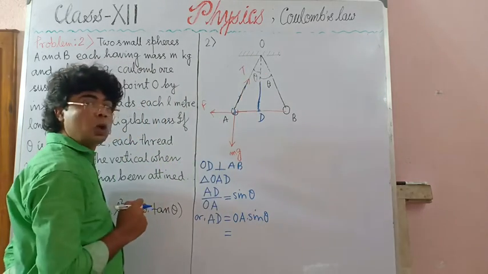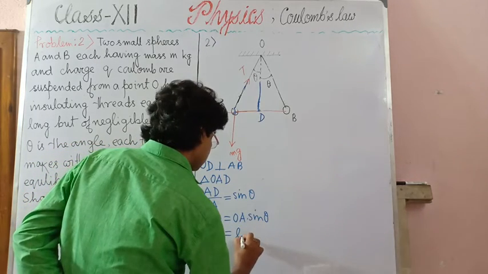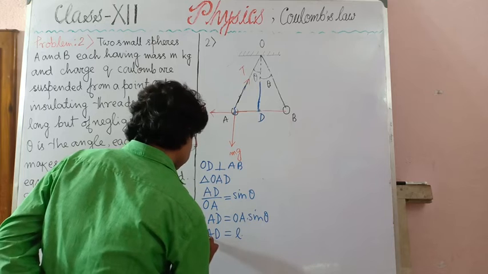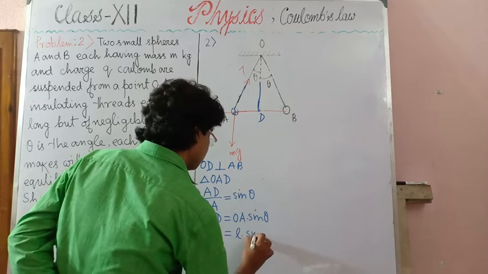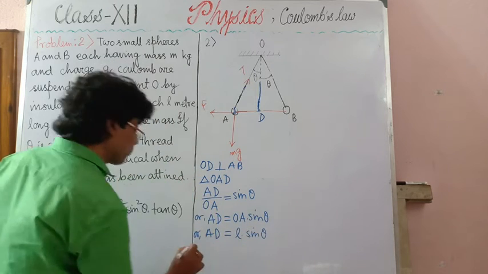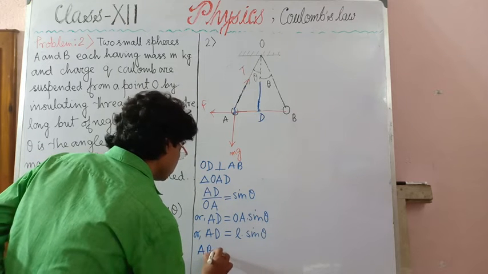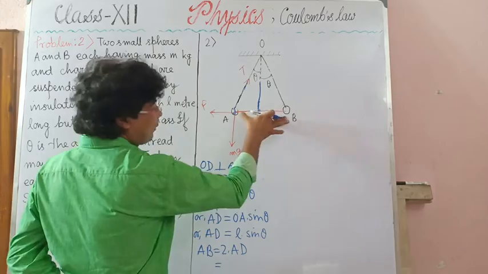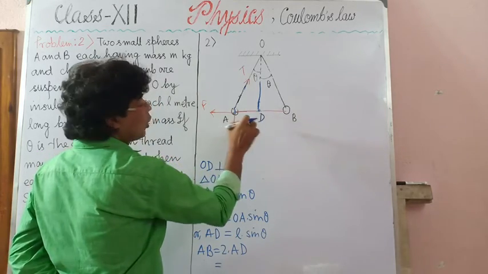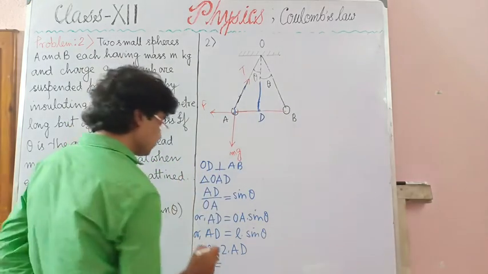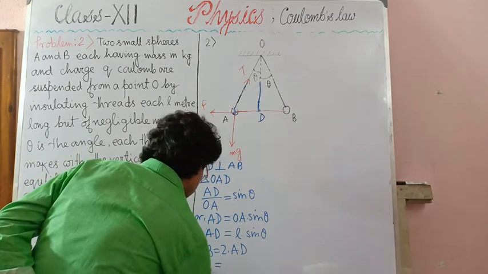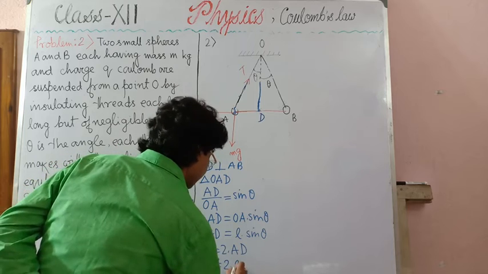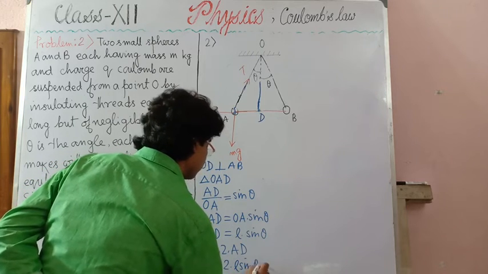OA equals L, or AD equals L sin theta. So AB equals 2AD, because D is the midpoint of AB, or AB equals 2L sin theta.